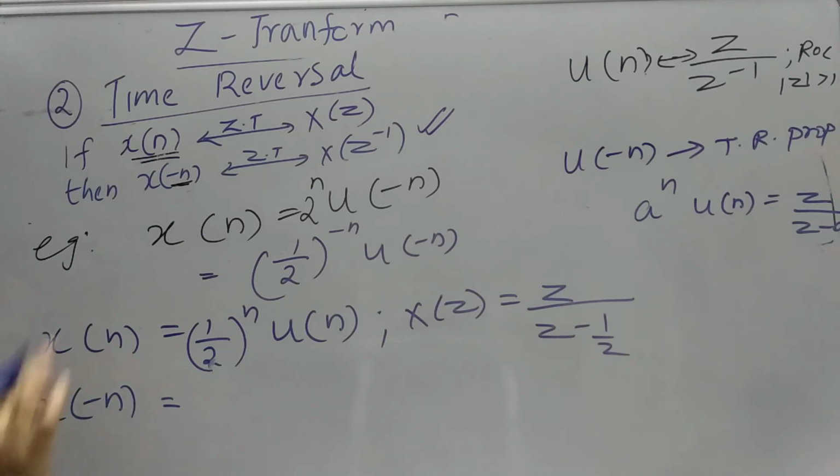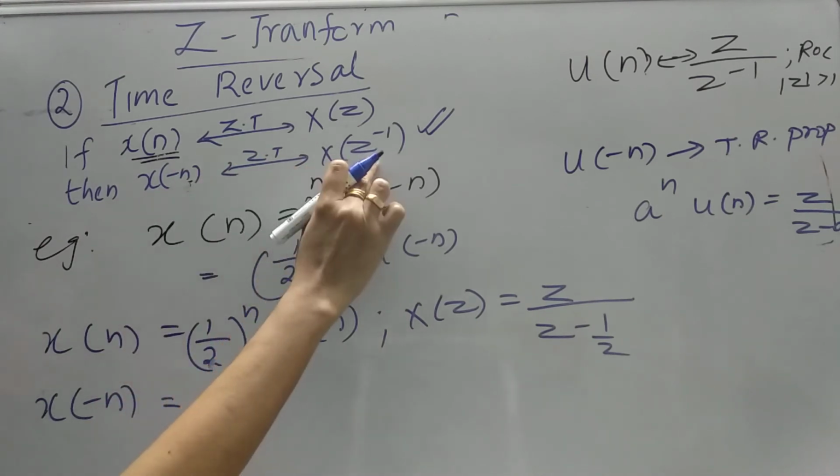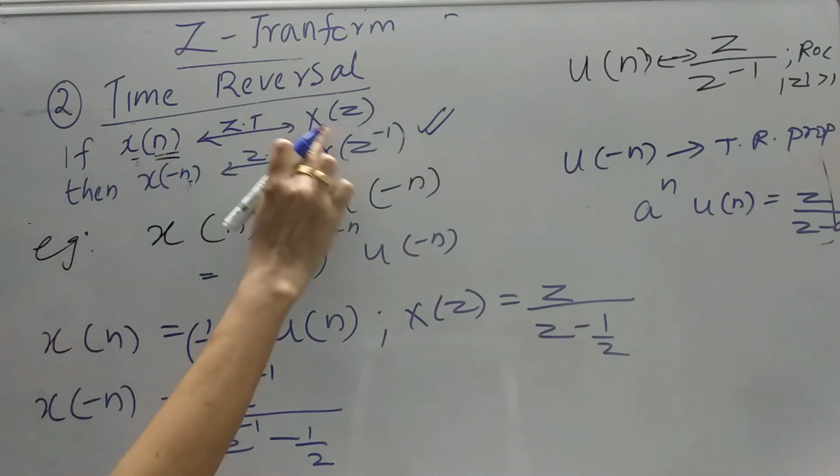According to this property, x of minus n should be equal to x of z raised to minus 1. That is z raised to minus 1 divided by z inverse minus half. Is it okay? See, x of n is equal to x of z.